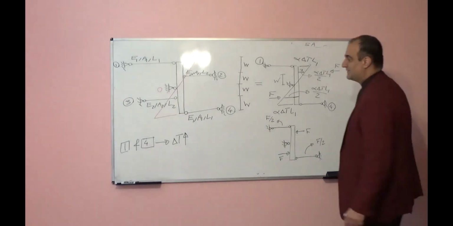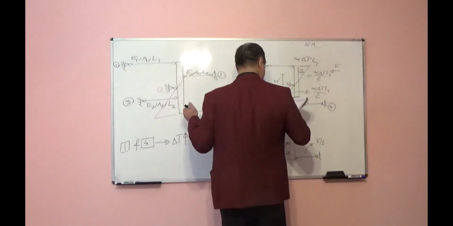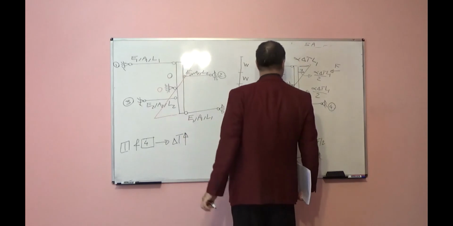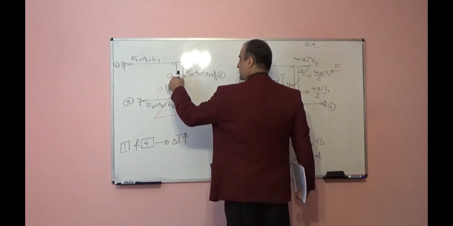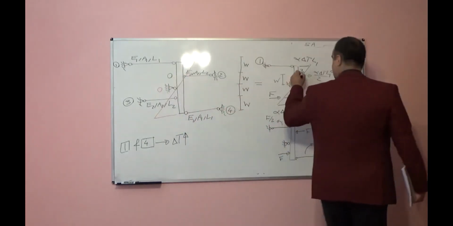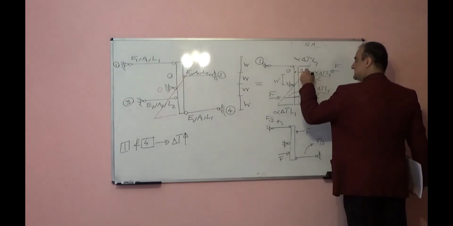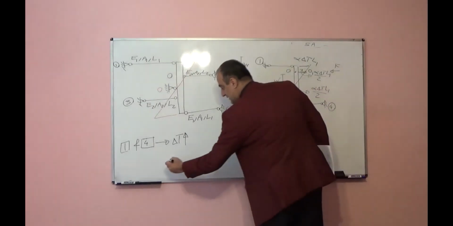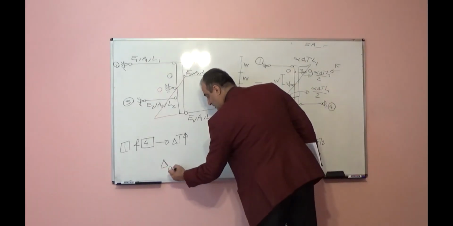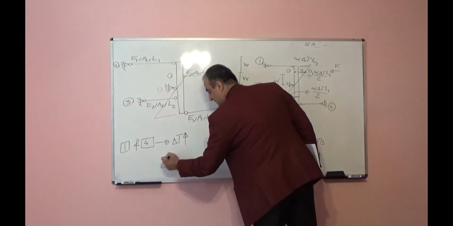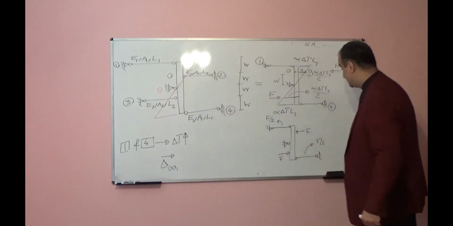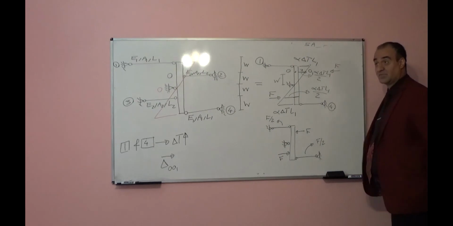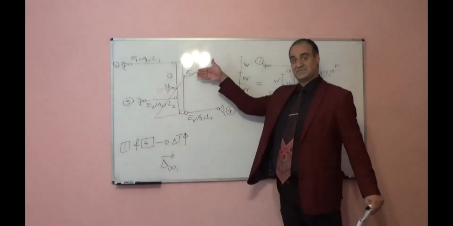So now, once we don't have these members, for example, if I name this point O, look at the deformation. O will transfer to O1, so delta O1 from left to right. That deformation will produce internal force, a reaction force, in this member.